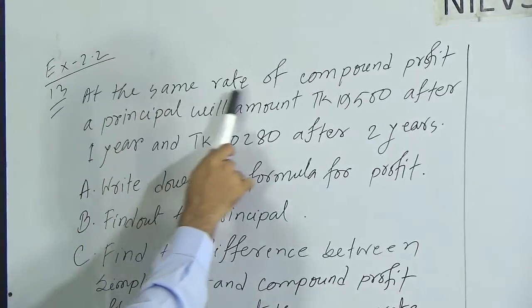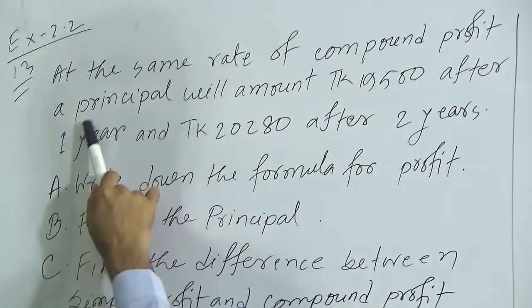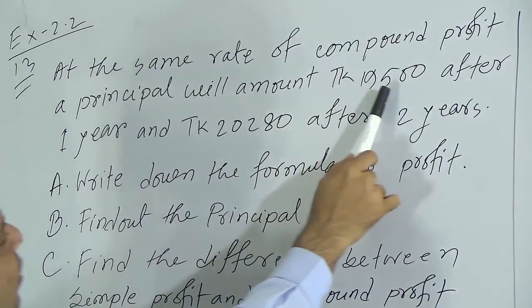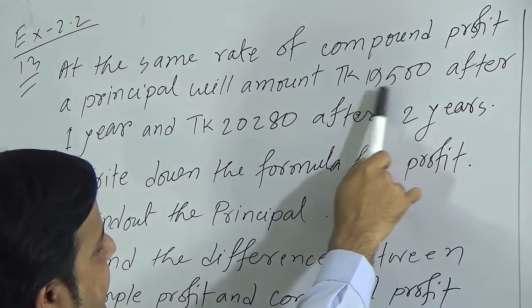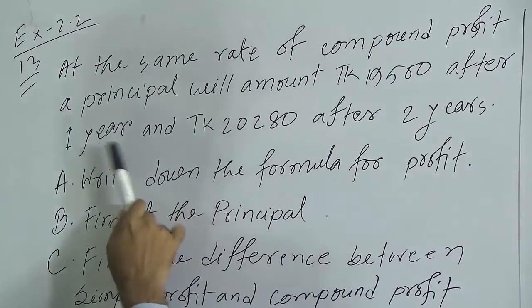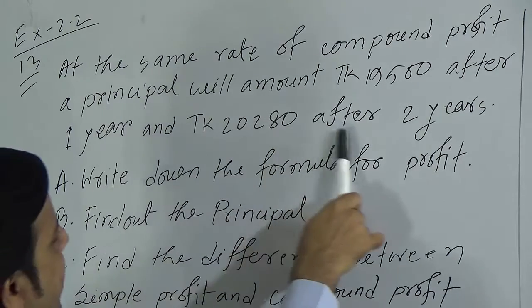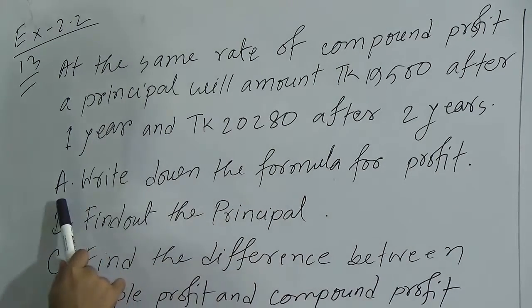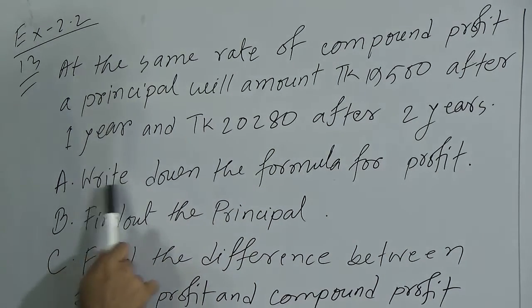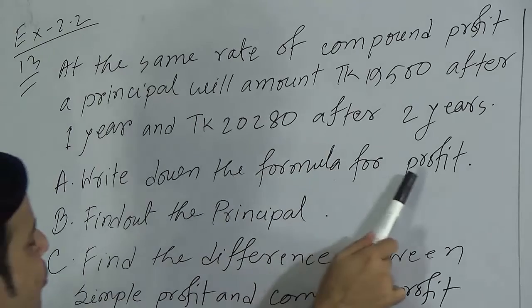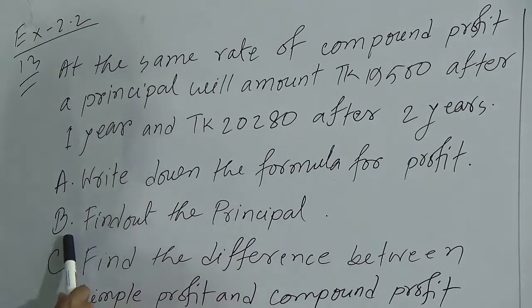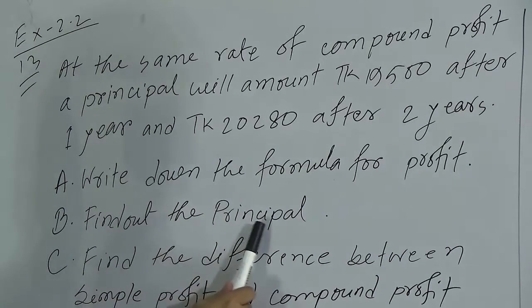At the same rate of compound profit, our principal will amount taka 19,500 after 1 year and taka 20,280 after 2 years. First question A, write down the formula for profit. Second question B, find out the principal.